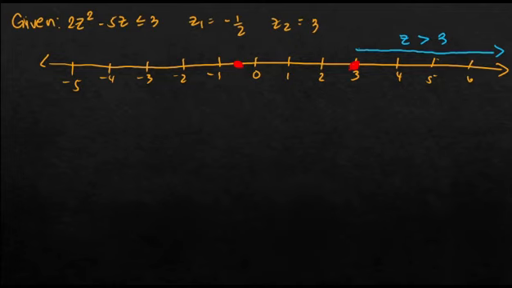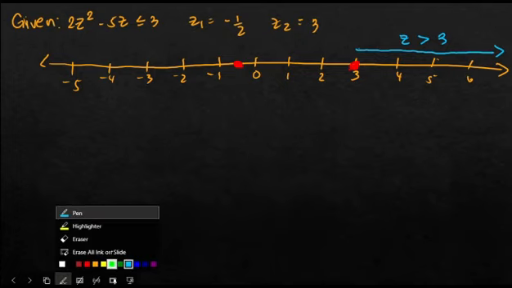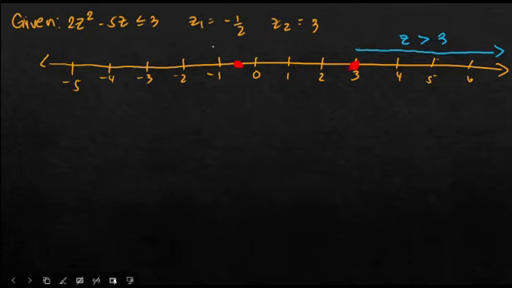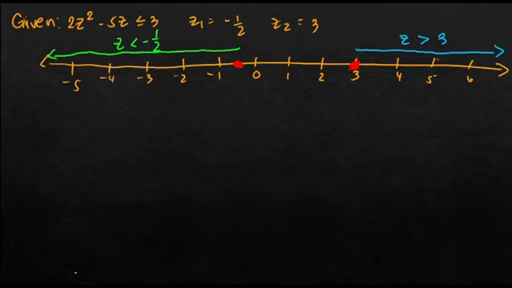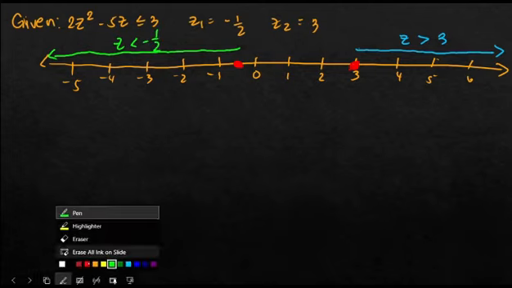Tapos, dito naman, gamitin natin yung point natin na nasa left. That is negative 1/2. So, mula negative 1/2 papuntang left side. Ito naman yung z less than negative 1/2. And well, of course, we have the term at the middle.